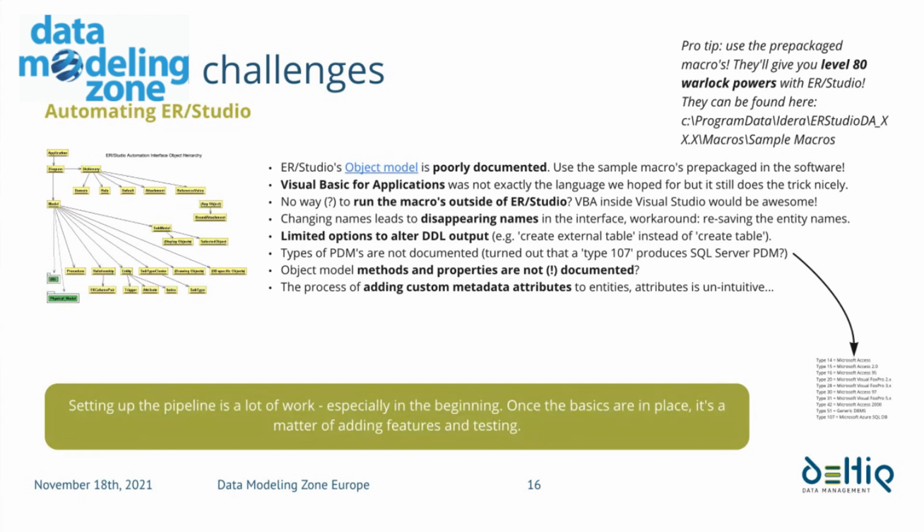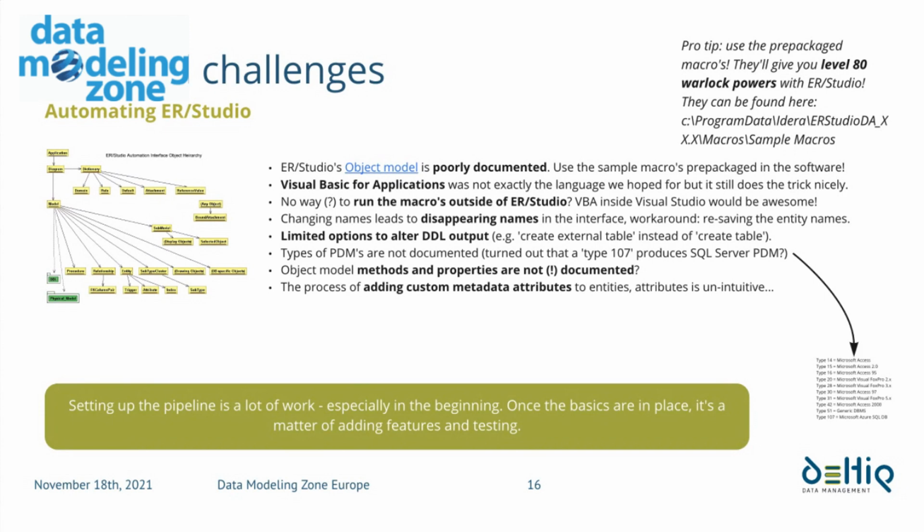For instance, we would like to have a create external table instead of create table. Those options were not available at the time in version 19.1. And a lot of functions, methods and properties are not really documented. I didn't find any documentation surrounding certain object model functions. So that was kind of a drawback.